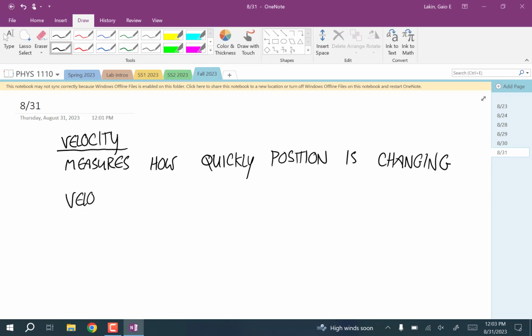And the velocity v, to relate it to the thing that you're more used to thinking about, is plus or minus the speed, and the sign is the direction that the object is moving at that instant.